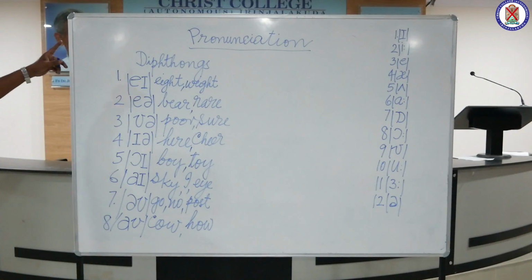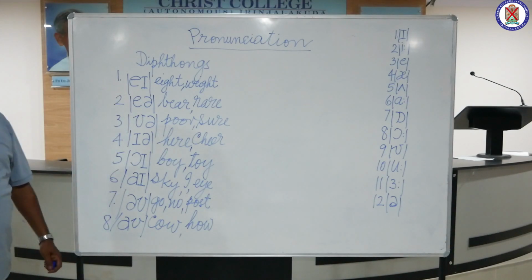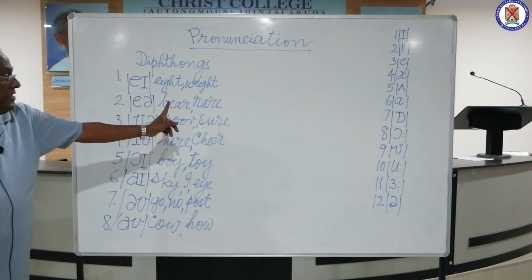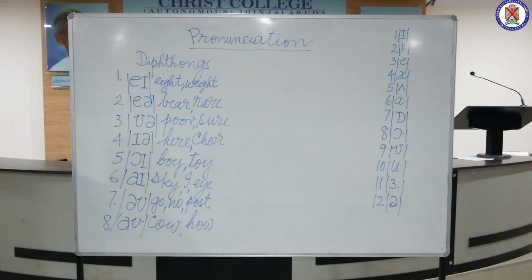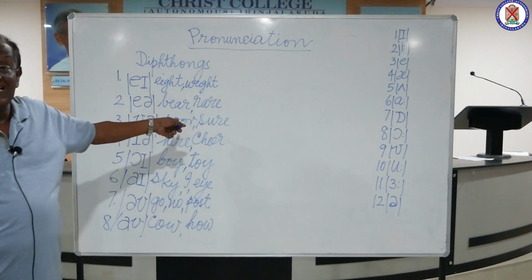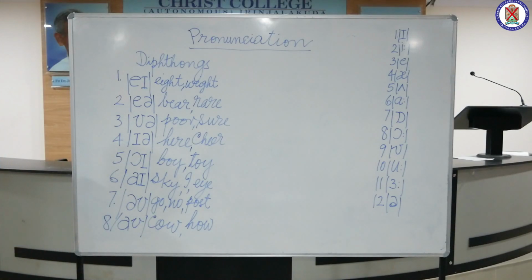Let's have a quick revision of these diphthongs, the symbols and the sounds produced by them in words which I have written on the right hand side here. The first one is a combination of A and E, which is "ay", the sound we have in words like eight, wait, gate. Second one, "air", in words like bear, rare, air.